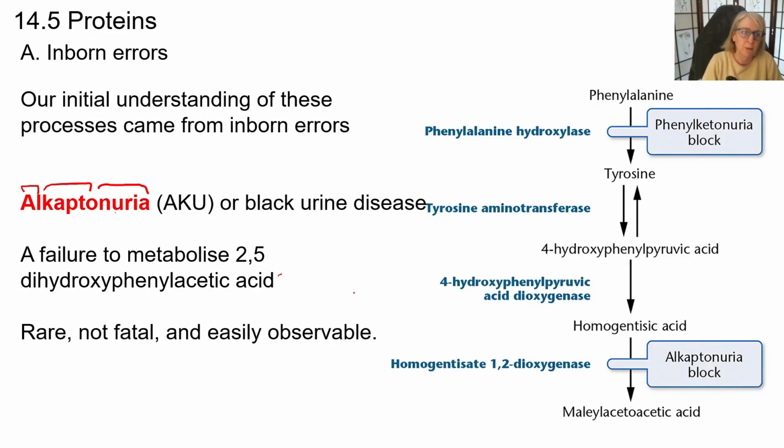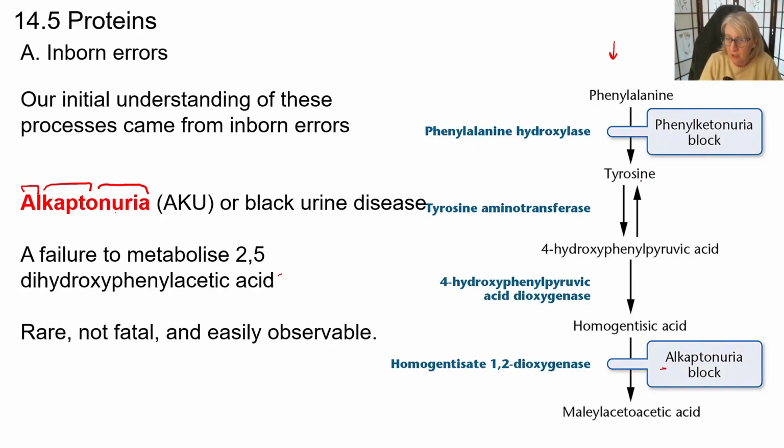It's not fatal. It causes your urine to be black. We identify it very early. When babies have black urine in their diaper, as scary as it sounds, we know that they are expressing this inability to metabolize a particular molecule. And if you're really feeling spunky, here it is. This is a metabolic cascade.